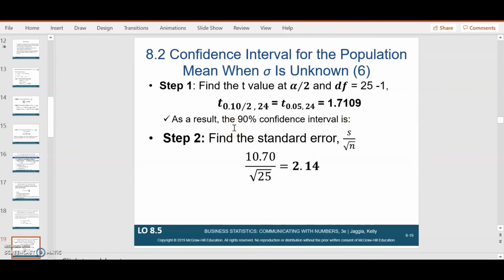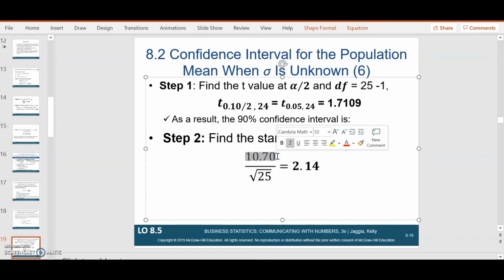After we have obtained the t value, the next step is to find the standard error. So the standard error in this case is equal to 10.70 over the square root of 25. Remember, in this case, our deviation is the sample deviation instead of the population deviation.